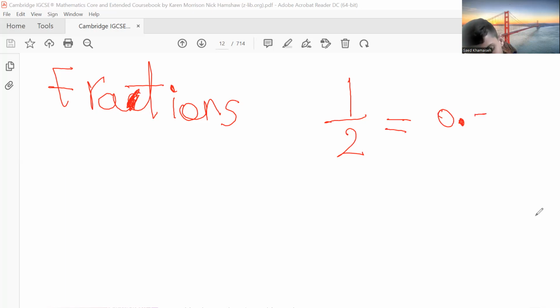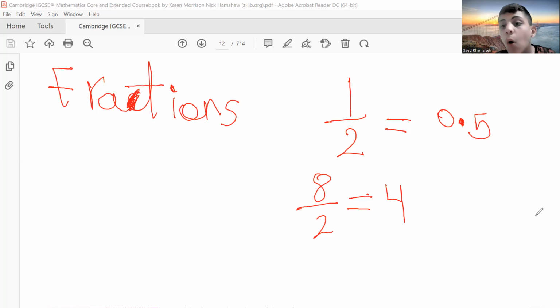For example, 8 divided by 2 equals 4. See, now it's not a decimal number, it is a whole number or a natural number. So no problem, in two ways it can give you a fraction.